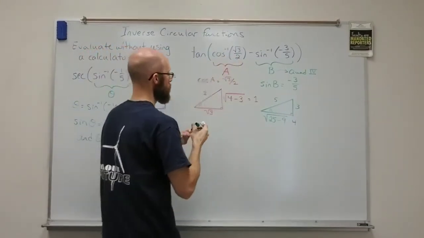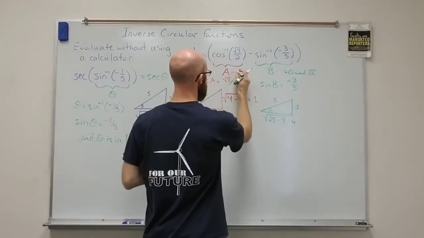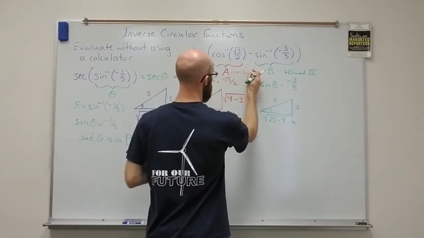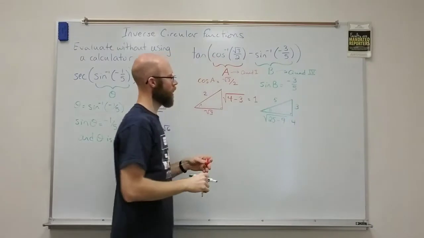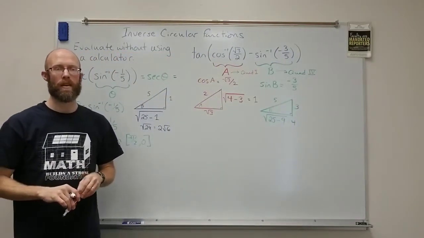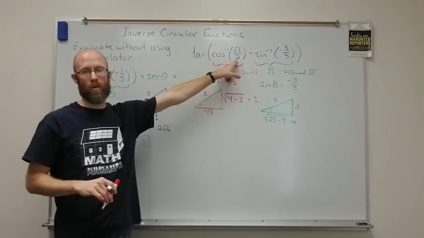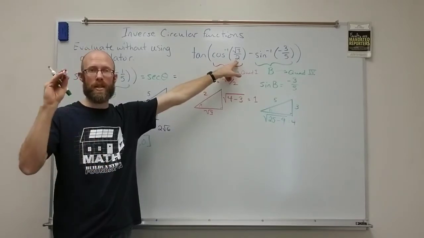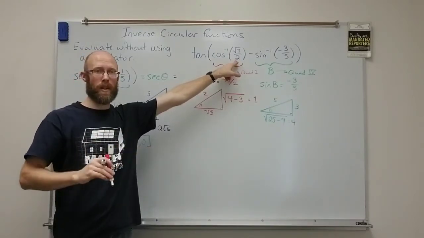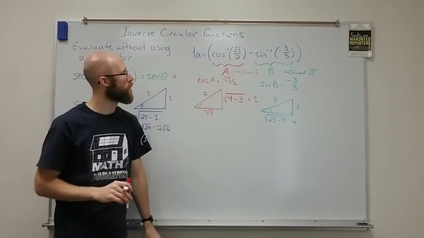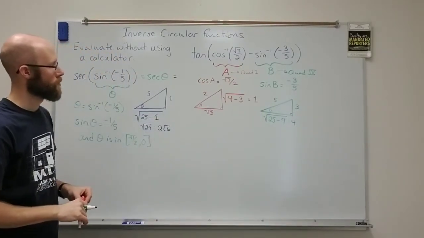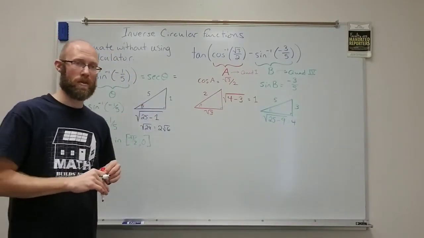So A is a quadrant 1 angle, okay? If this ratio was negative, the cosine is negative in the second quadrant, the way that graph works out, okay? So we know the quadrants of those angles, which is important.